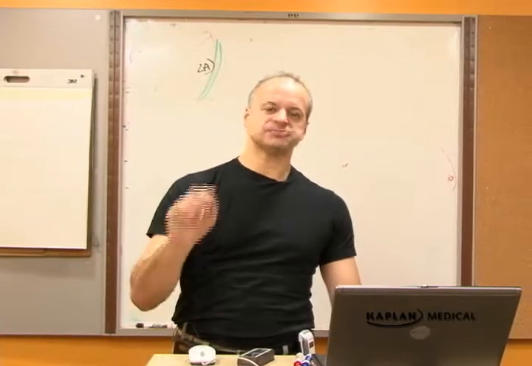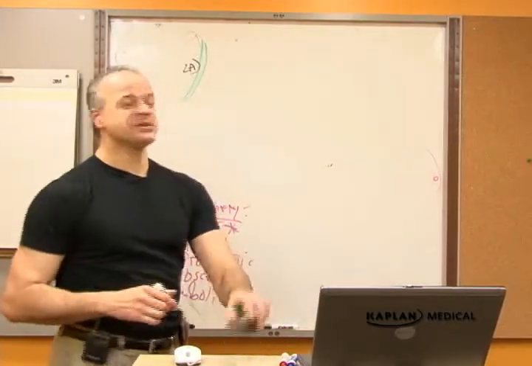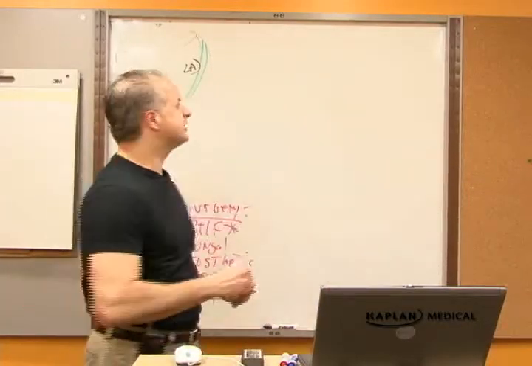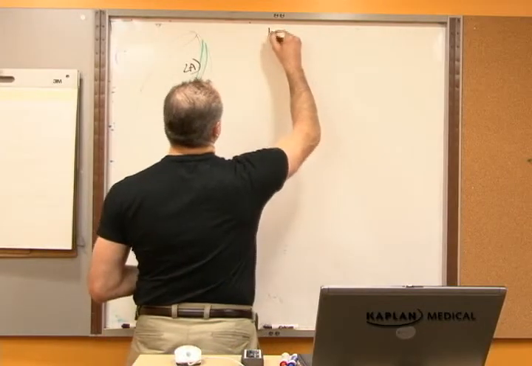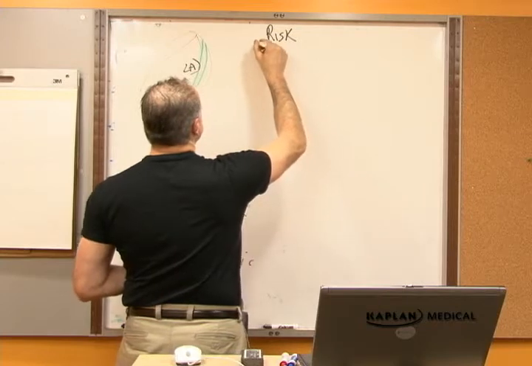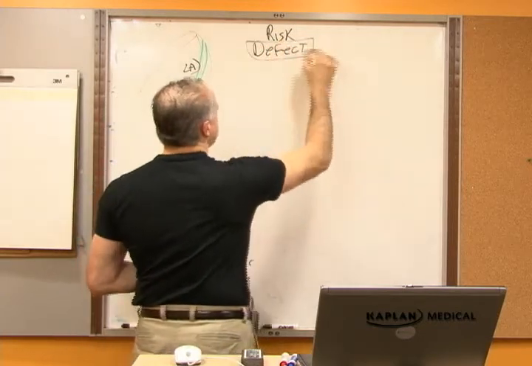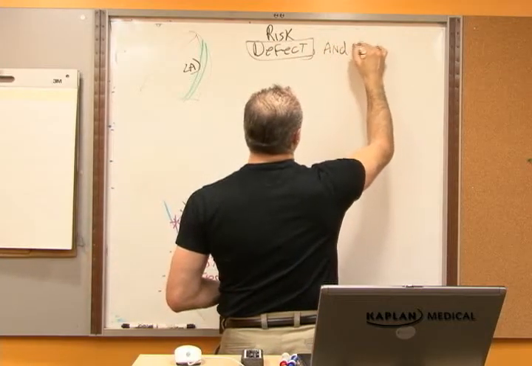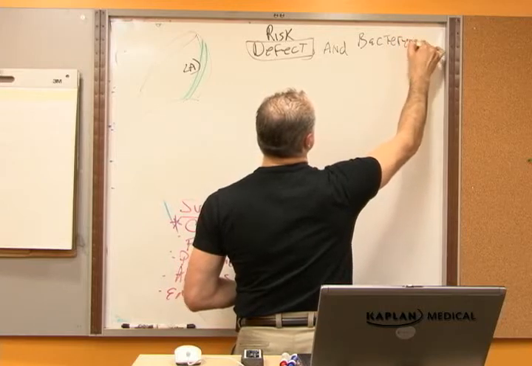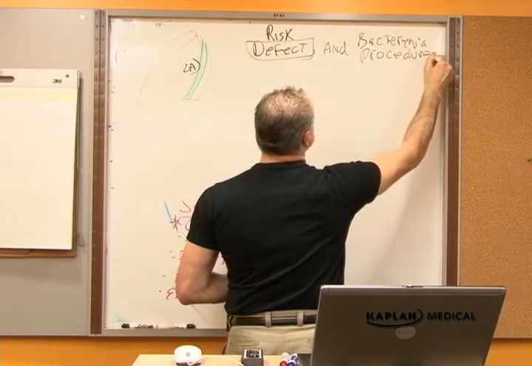Endocarditis prophylaxis is more difficult because it is divided up into so many subcategories. You have to have a major risk, a very significant defect, and then a procedure that causes bacteremia.